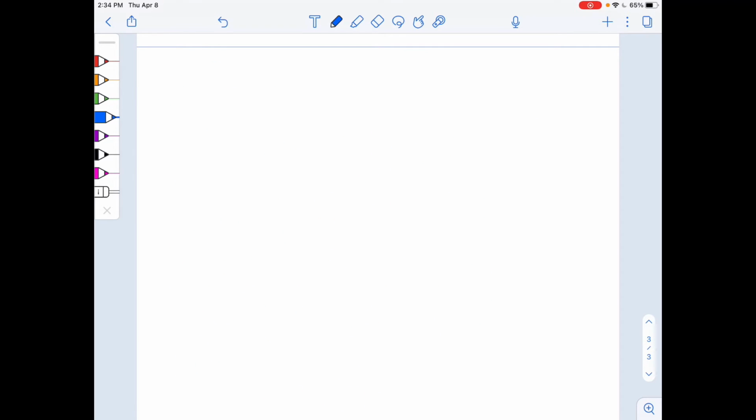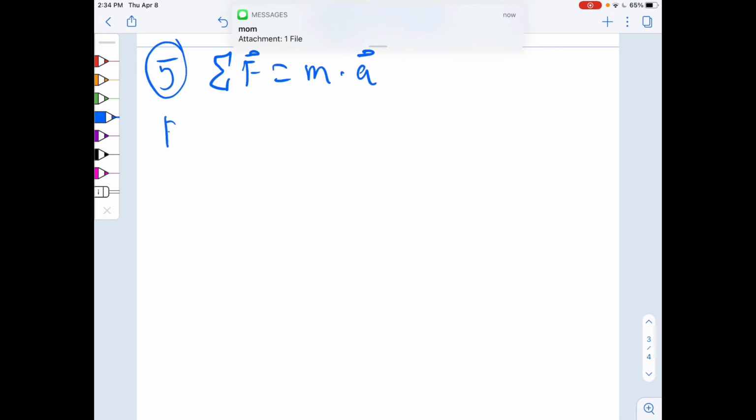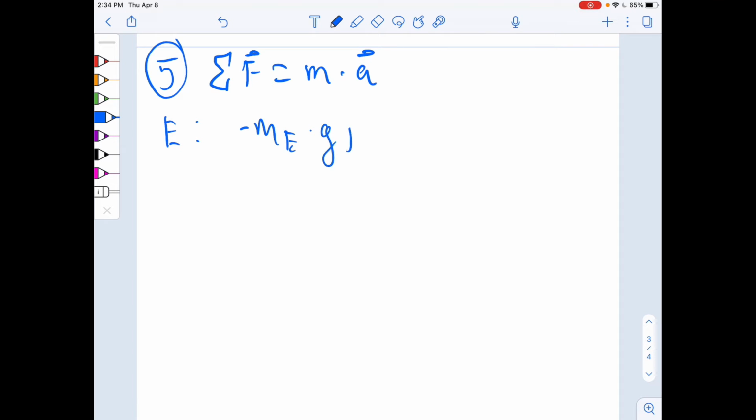For step 5, we are going to apply Newton's second law: the sum of all forces is equal to mass times acceleration. Since the only forces we have for all three blocks are just weight, for block E we get negative mass of E times gravity, in the J direction, is equal to mass of E times negative acceleration of E in the J direction.